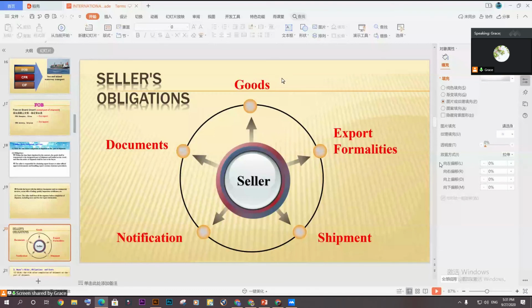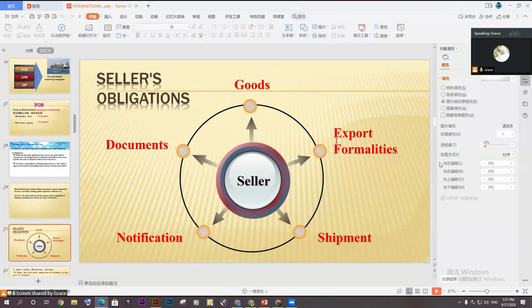The first one is goods. Goods means the seller should prepare the goods sold to the buyer, and send or deliver these goods to the port of shipment.